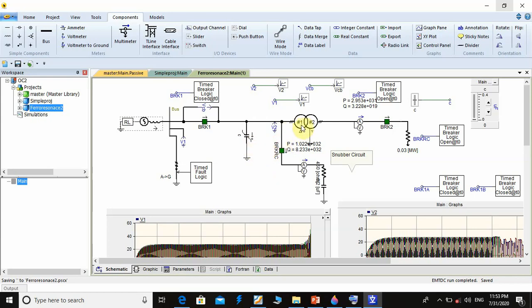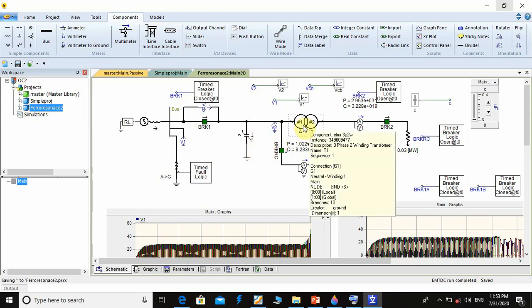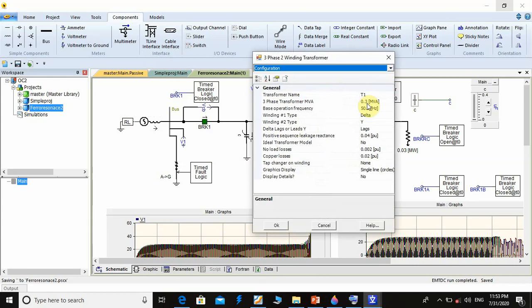And the transformer is 300 kVA or 0.3 MVA, 50 Hz, primary connected in delta, secondary in star. The impedance Z of the transformer is 4%, that means 0.04 per unit.